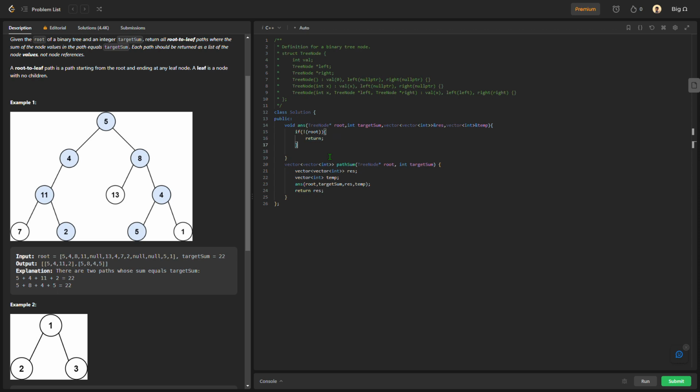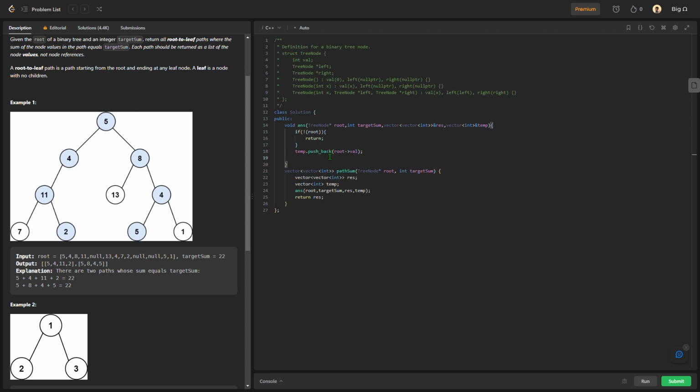Okay, so if we just move on, the second thing is appending our root's value into temp. So temp dot push back root value.